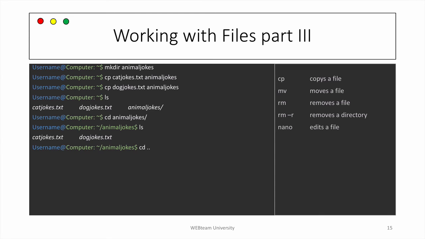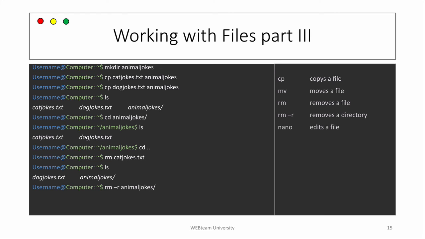So if I move back out of the directory with cd .., I can remove cat jokes text, simple rm followed by the file. If I issue an ls, we'll see that the cat jokes text is gone. I only have dog jokes and then the animal jokes directory.